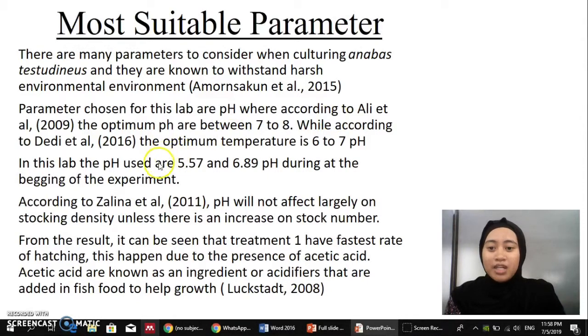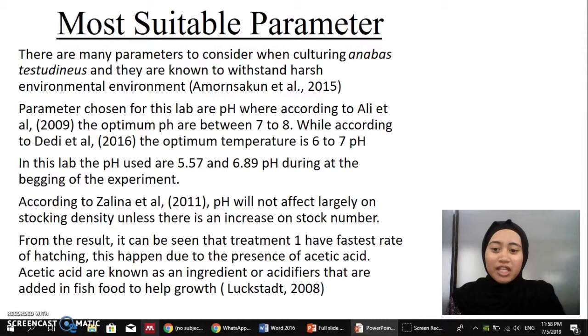In this lab, the pH used was 5.57 and 6.89 at the beginning of the experiment. According to Zalina et al. 2011, pH will not affect stocking density largely unless there is an increase in stock number.